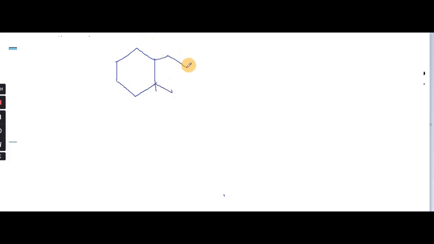What is the lambda max of absorption of this compound? Now the base value of such a trans system or a heteroannular diene is 214 nanometers. That is the base value of absorption of the heteroannular diene.